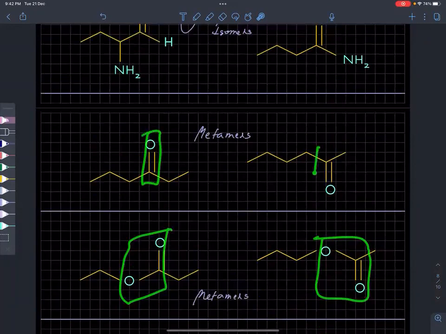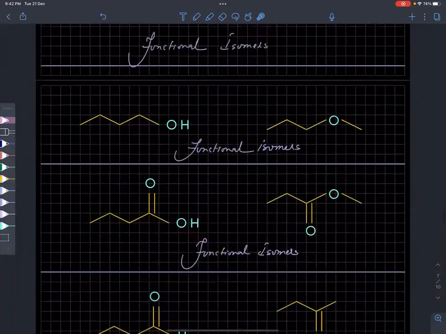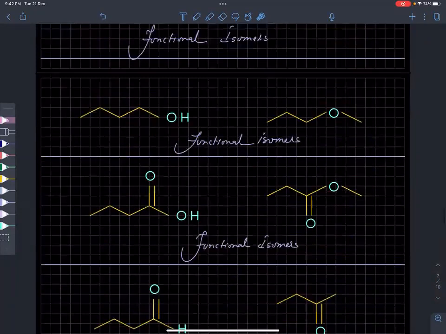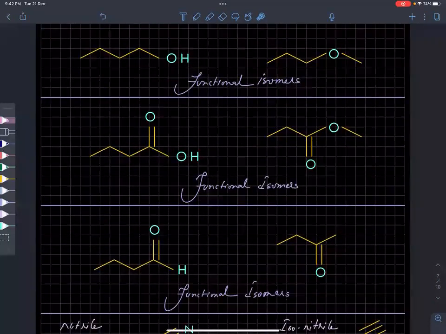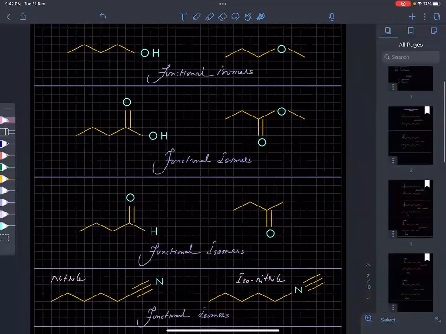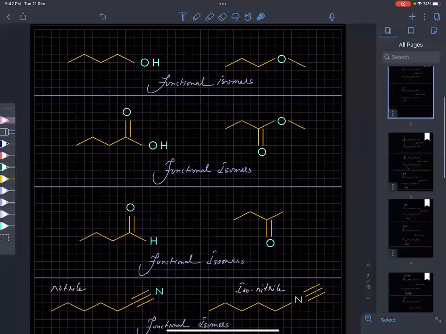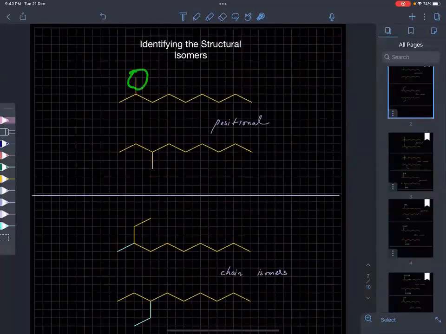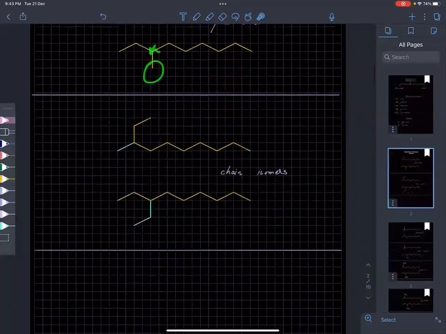Whereas in positional isomers, if you see, which page is this? Page number 7. If you look at positional isomers, this thing will not sit in between the chain, it will be attached to the chain. There is no carbonyl carbon here, just a normal sp3 carbon, a branch.